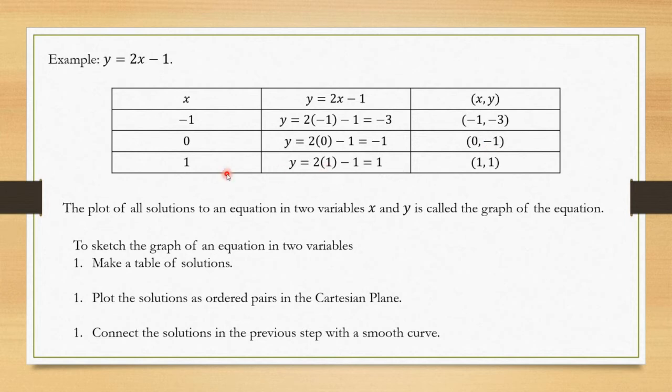And so on and so forth. You can do this for infinitely many x's, mostly because if you replace x by any number, you will get something that makes sense. You just calculate y.